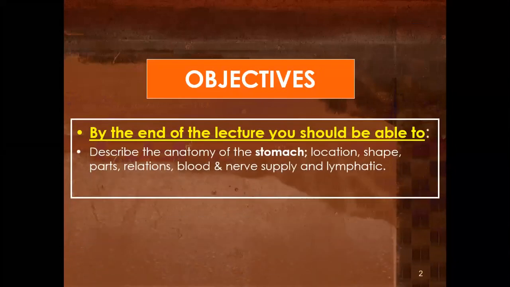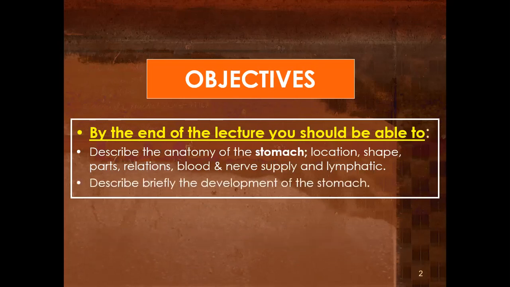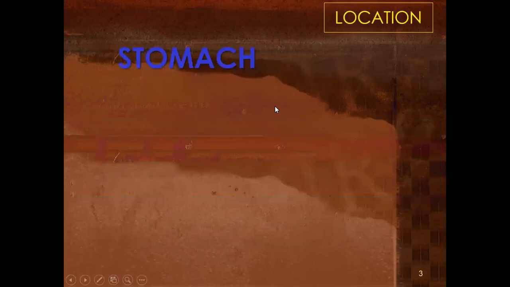By the end of this lecture, you should know the anatomy of the stomach, including its location, shape, parts, relations, blood supply, nerve supply and lymphatic drainage, as well as the brief development of the stomach. These are the two objectives which we will be mainly dealing with in this lecture.